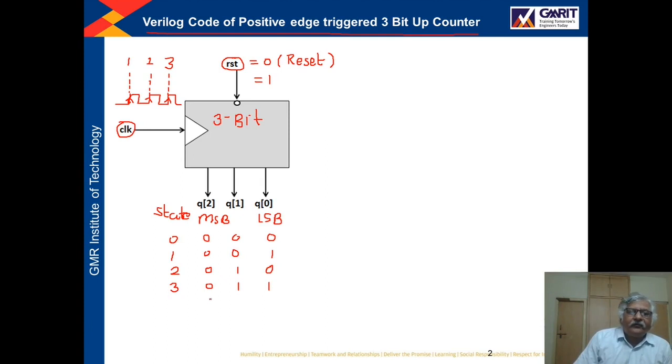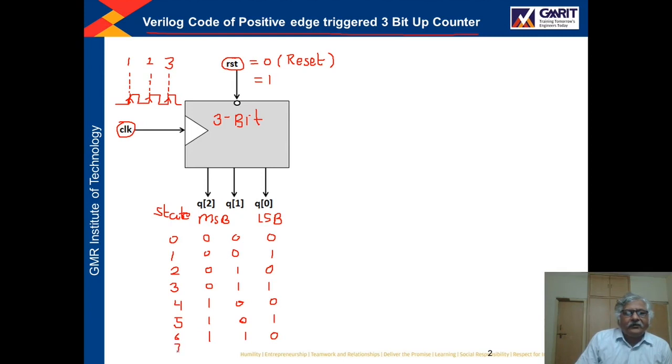Then after this, with the next positive edge, this counter will go to state 4, and that will be 1 0 0. Then with the next positive edge of the clock, the counter will go to the next state, and that will be 1 0 1. Then with the next positive edge, it will go to 1 1 0, and this is state number 6.